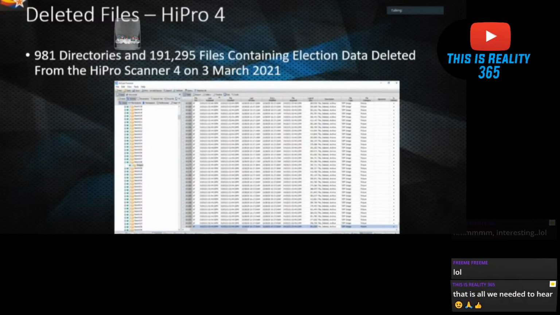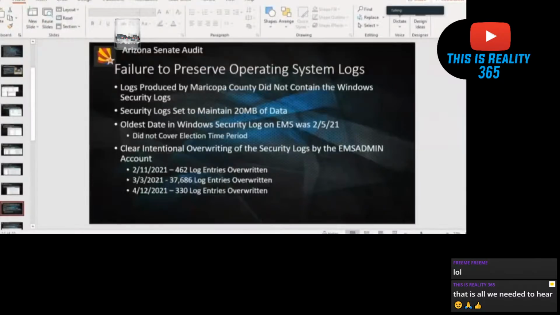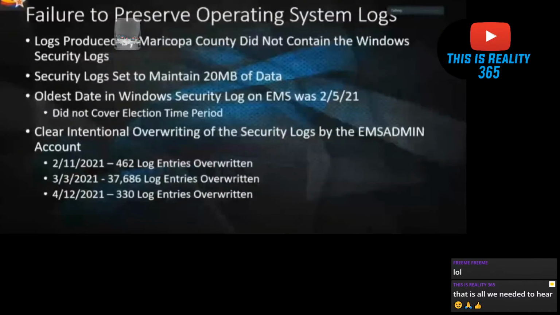Okay, next slide. Let's talk about the failure to preserve the operating system logs.